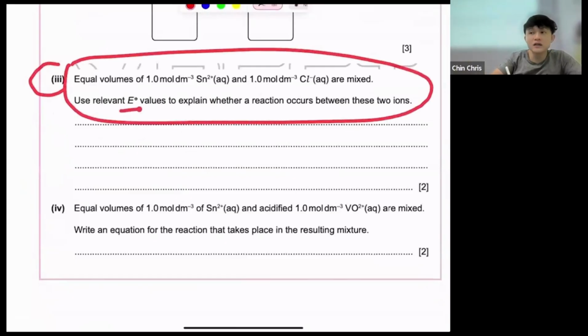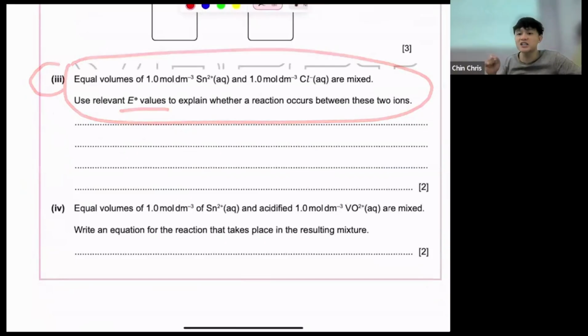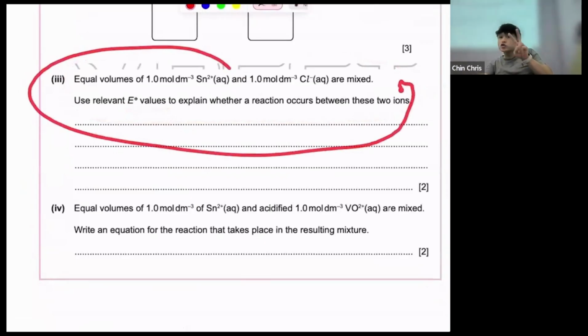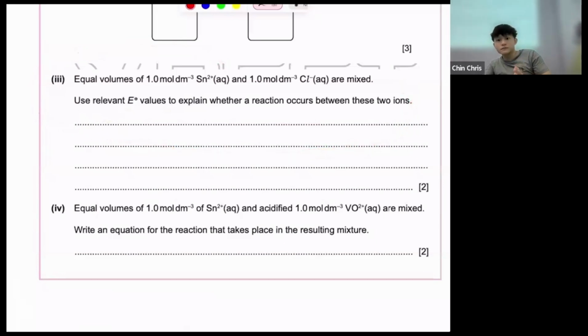They want you to use the relevant E value. Is this a husband and wife, or a boyfriend and girlfriend? Remember, if you use two different methods, you will get two totally different answers. So always remember, the moment they ask you, you have to ask yourself, is this a husband and wife or boyfriend and girlfriend? These two equations matter a lot.